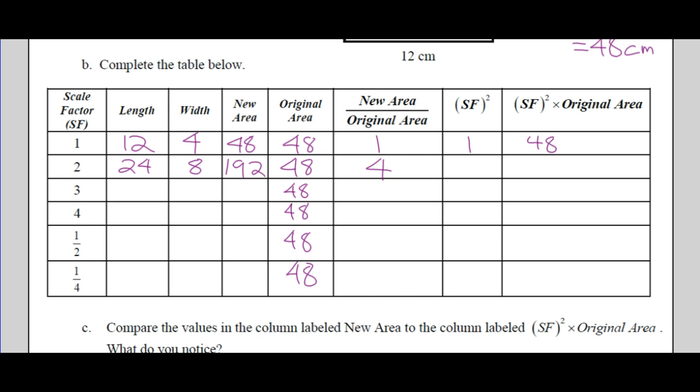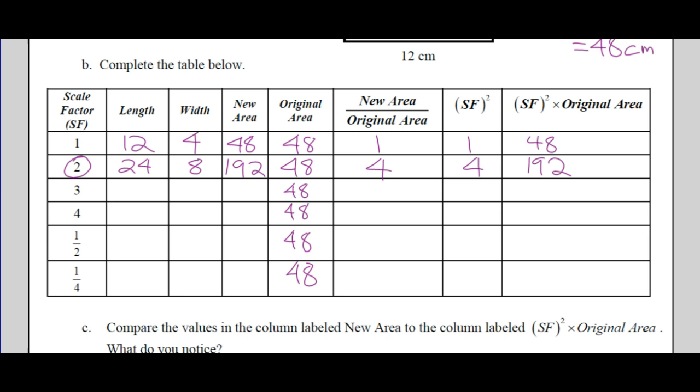The scale factor is 2. What's the square of the scale factor? 4. What's this number 4 times the original area? 4 times 48 is 192. Wow. The same numbers are coming up again and again.